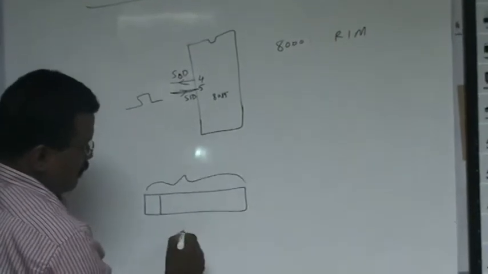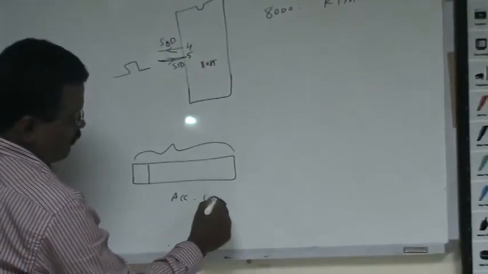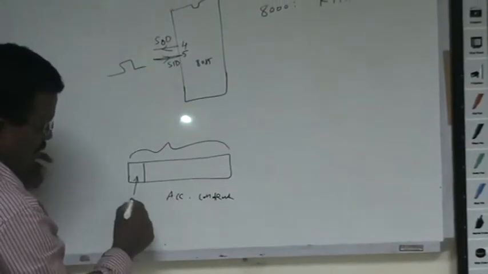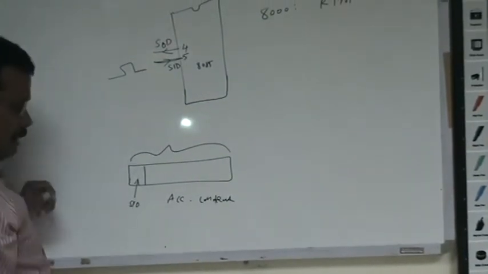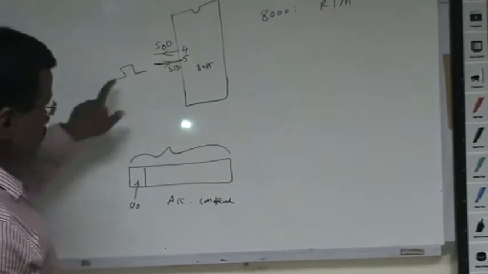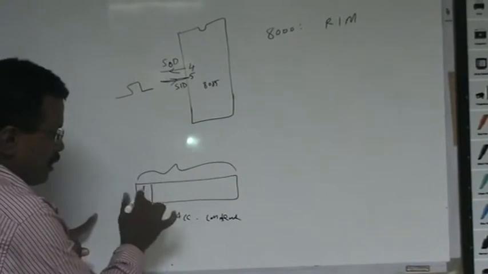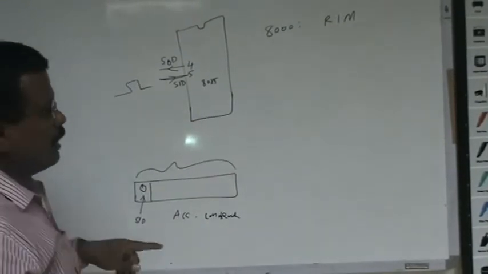This is the accumulator content. Here the status is written, that is the serial input data. If there is a trigger input, a 1 level, it will be set to 1. If there is no trigger, it will be set to 0.